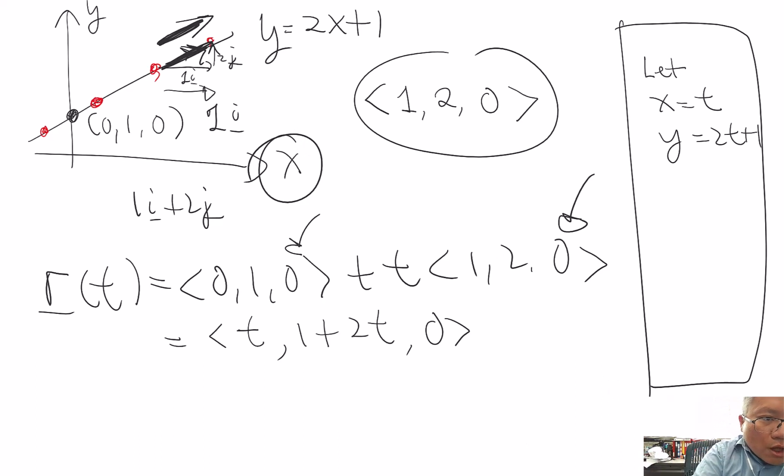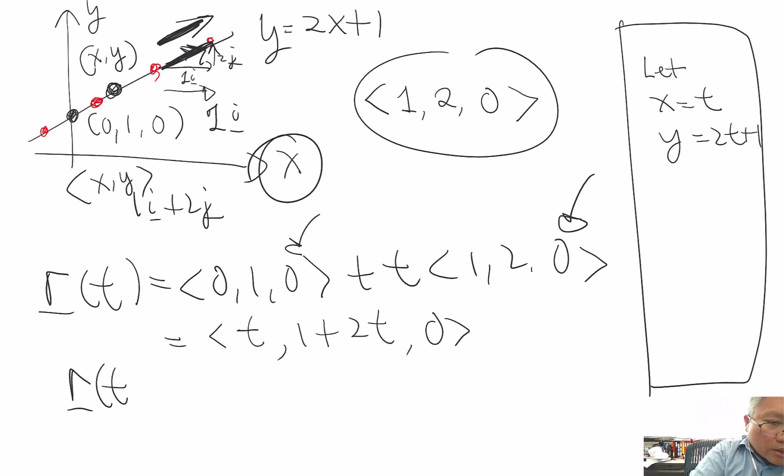And since we know this point (x, y), if the coordinate is (x, y), the position vector is xi plus yj. So we are going to simply say this is t, that's my x, and then that's my y, 2t plus 1.